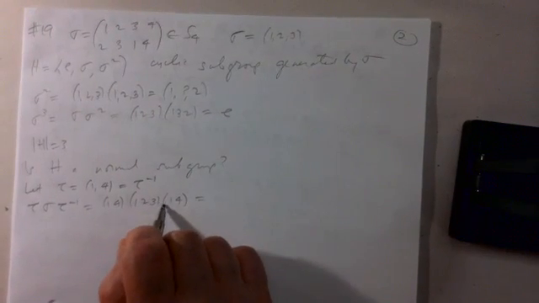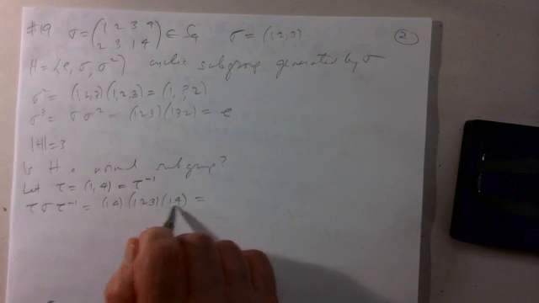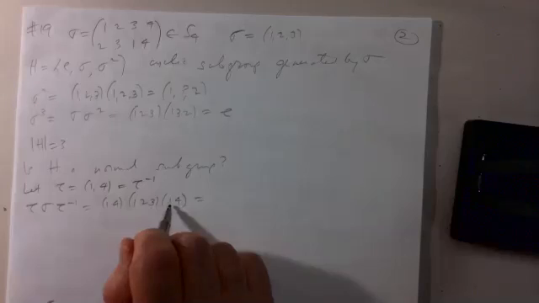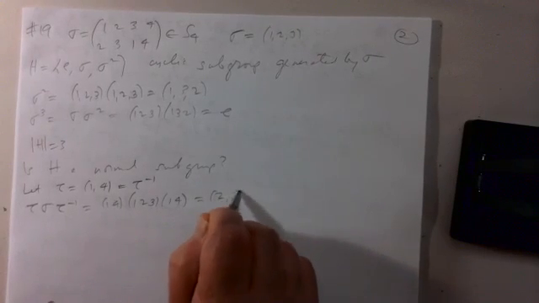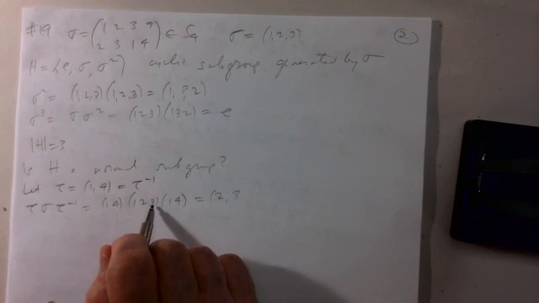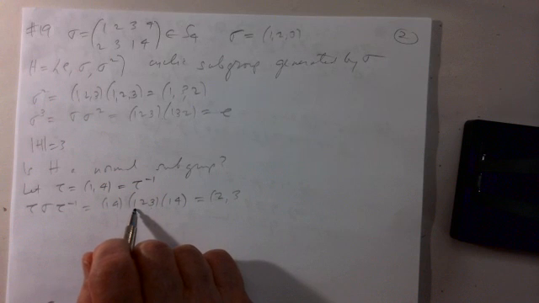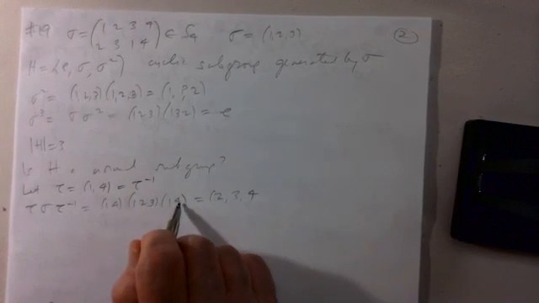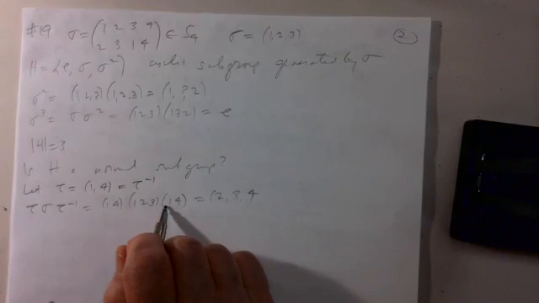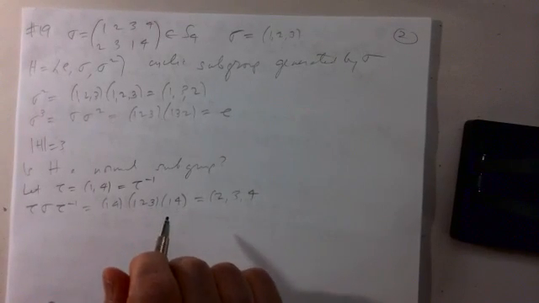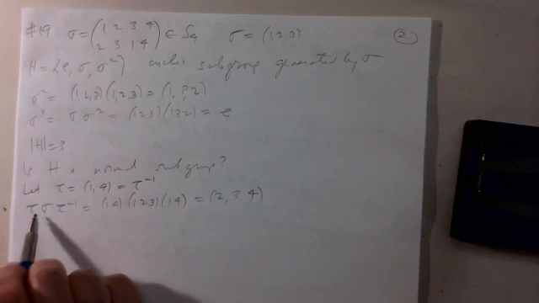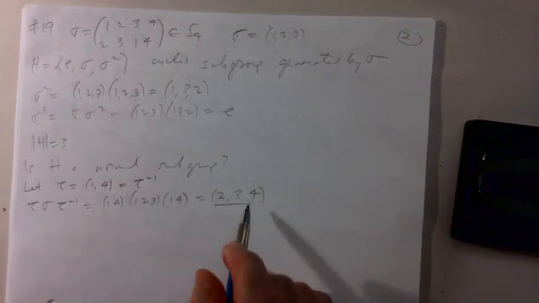This sends 1 to 4 and back to 1? Let's see. 2 goes to 3. 3 goes to 4. 4 goes to 1. Let's see, no, that's not right. Yes, 4 goes to 1, 1 goes to 2, 2 goes to 2? So tau sigma tau inverse is this 3-cycle.